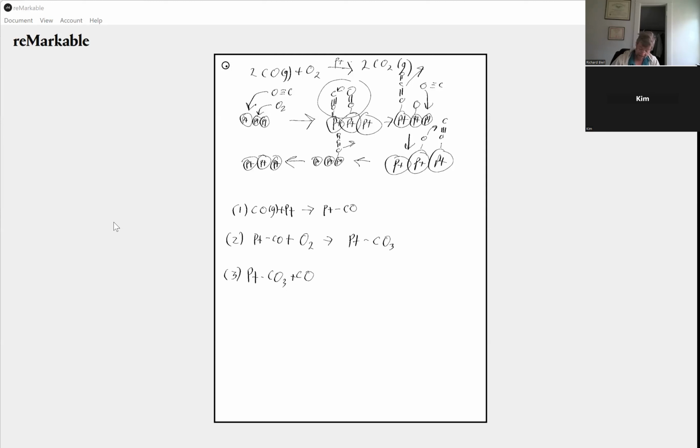Another carbon monoxide comes along, sees the platinum carbon trioxide to form not one now, but two carbon dioxides that will let go of the platinum.